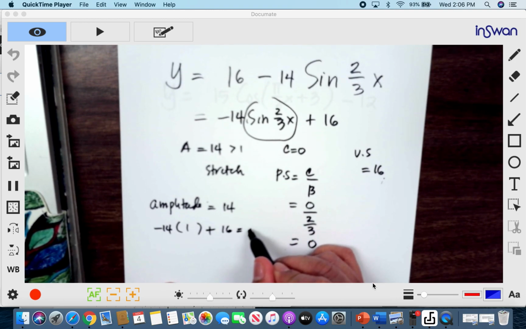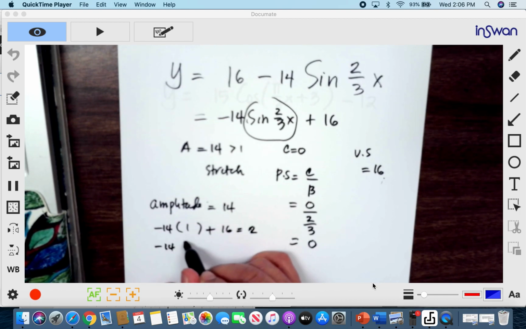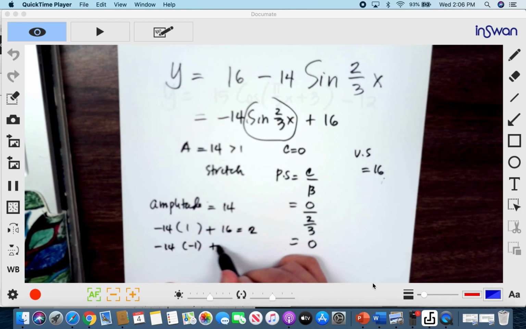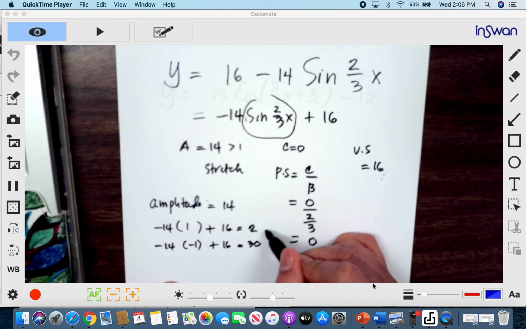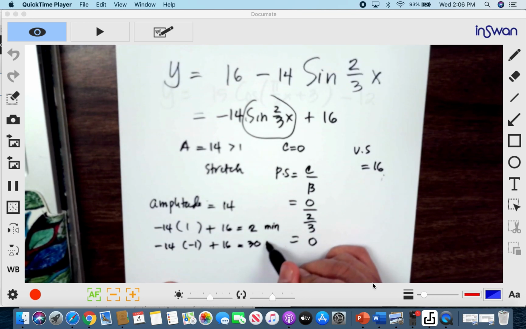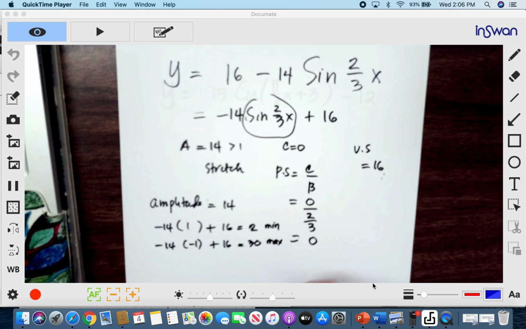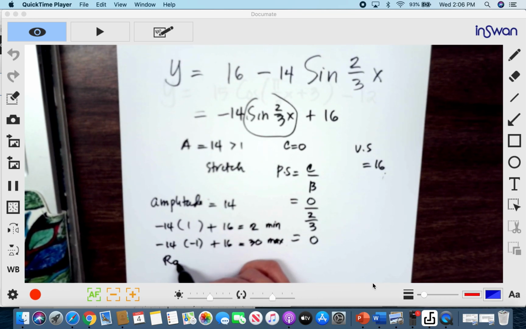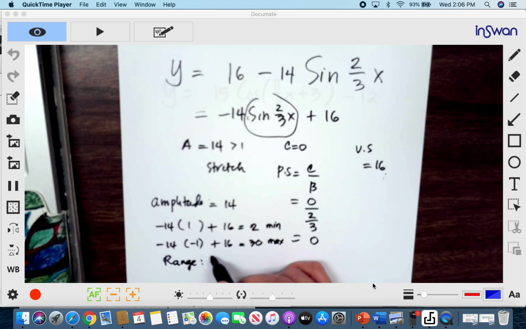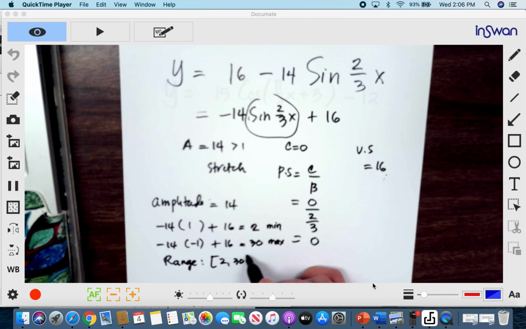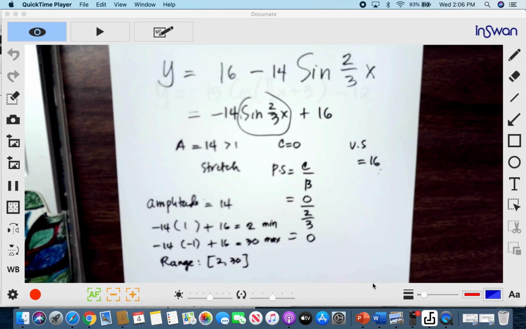So that will be 2. And then -14 times -1 plus 16 will give us 30. So this is our minimum and this is our maximum.